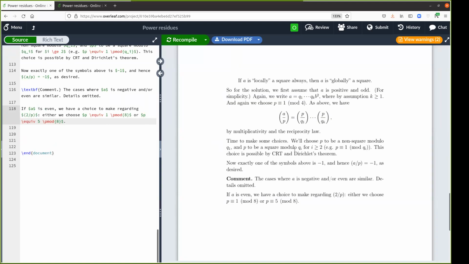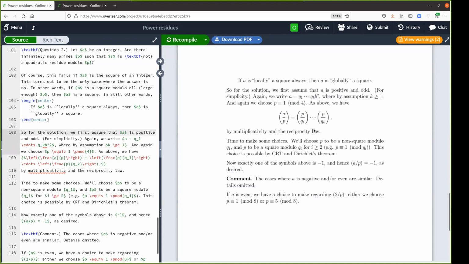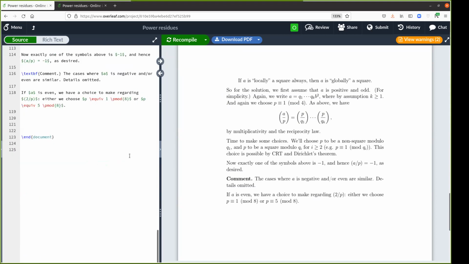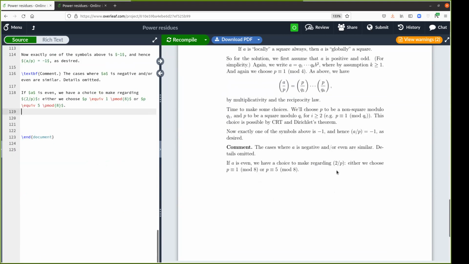So we have decided that P is 1 modulo 4 to apply the reciprocity law in an easy way. Then when we think of the symbol 2 over P, we should decide whether we take P equal to 1 modulo 8 or 5 modulo 8. And this choice then decides the sign of the value of this symbol.